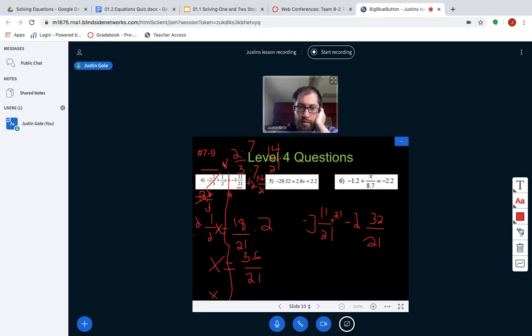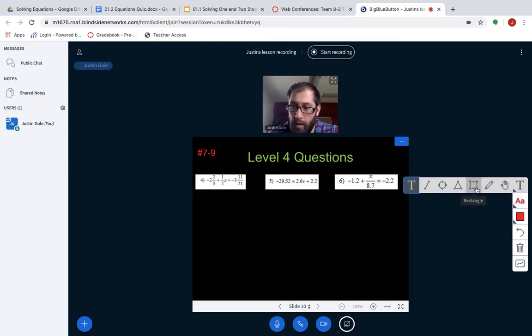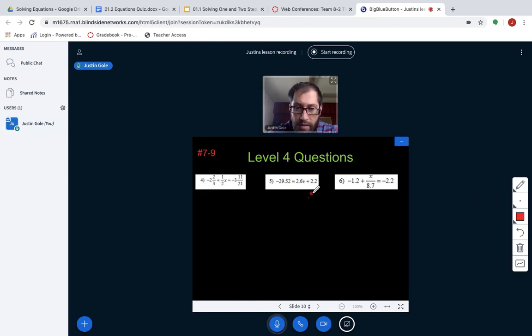I'm going to clear up some space here now. So negative 29.52 equals 2.6 V plus 2.2. So really, I have to subtract 2.2. I'll show the work.